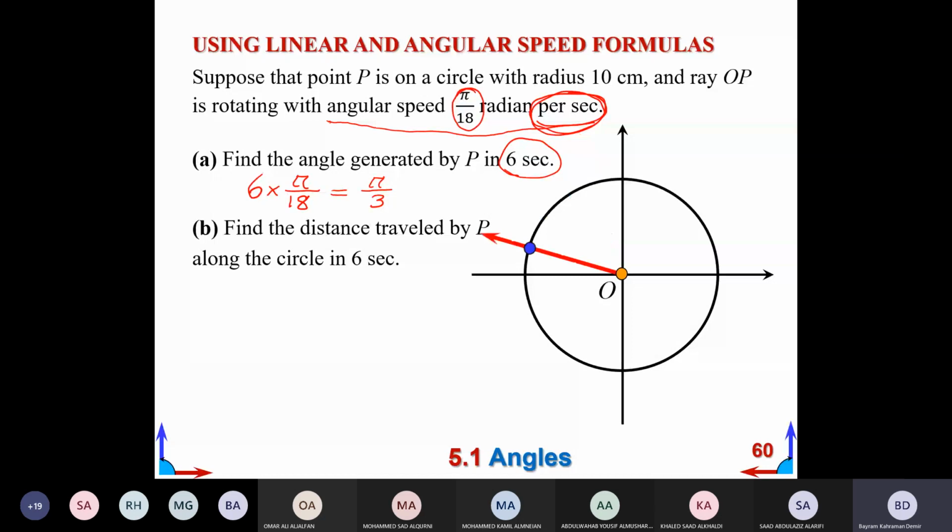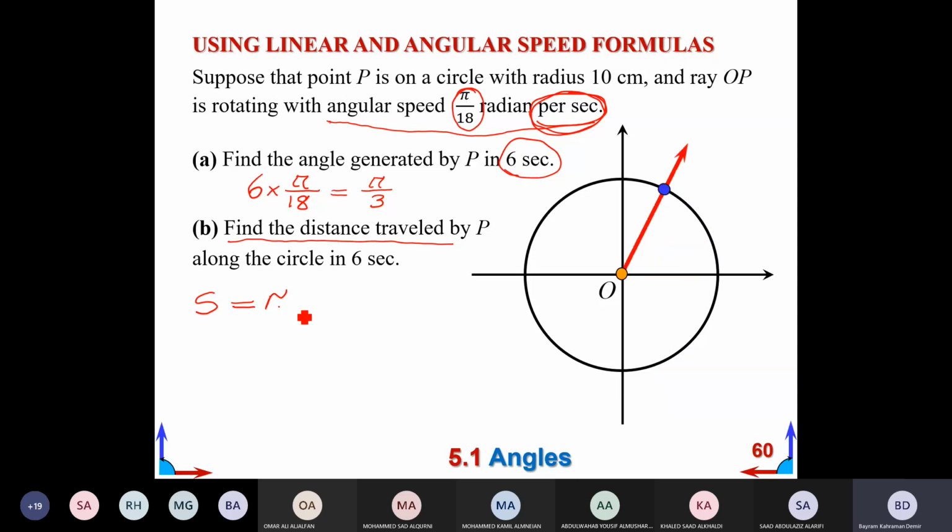Now, find the distance traveled by this point. When they say find the distance, we are talking about the linear distance, the arc length. Arc length is the radius multiplied by theta.